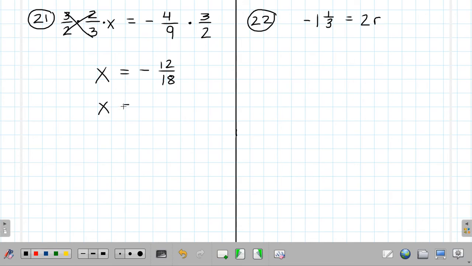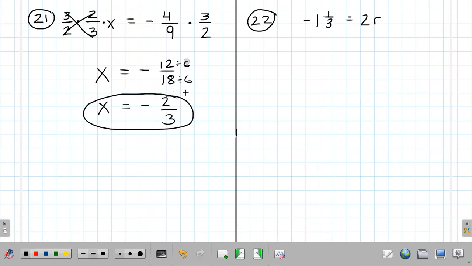And we can actually simplify that. 12 divided by 3 is 4. Well, actually, we can go even further and do it by 6. So that was almost a mistake on my part. We can divide 12 by 6 and divide 18 by 6, so we get 2 over 3. So the answer here is negative 2/3.